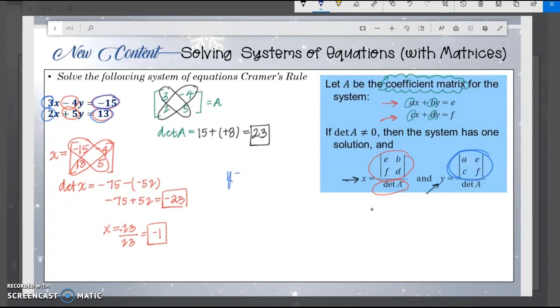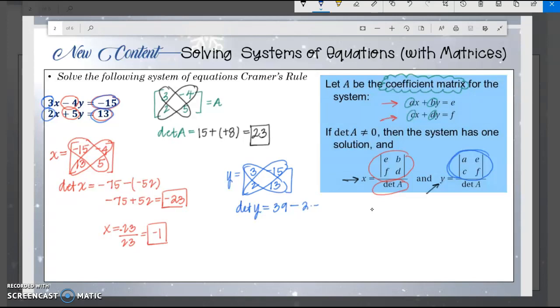So the matrix that I want to set up to solve for y involves 3, -15, 2, and 13. And I'm going to find that determinant. So the determinant of this value, I multiply along my diagonal, A times D. 3 times 13 is going to give me 39. And then I'll subtract 2 times -15.